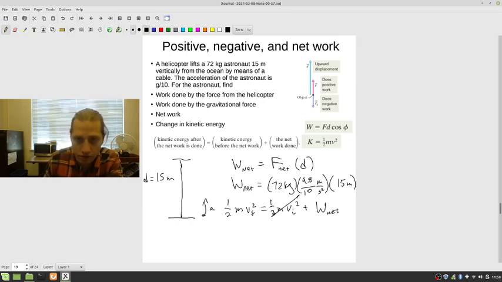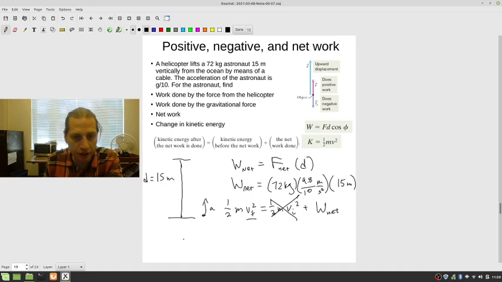This initial speed is 0, so you can very quickly find out what her final speed is if you just put in her mass. You've got your W net there, and easy. Now, the thing to keep in mind, however, is that net work can also be split into work being done by the helicopter and work being done by the gravitational field.